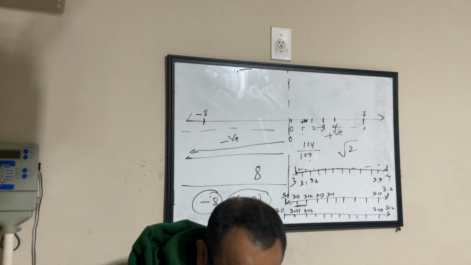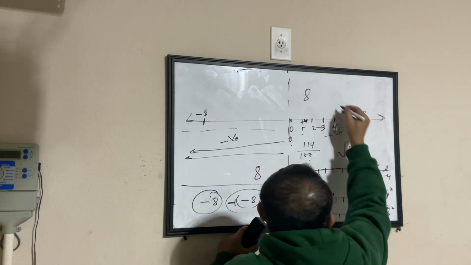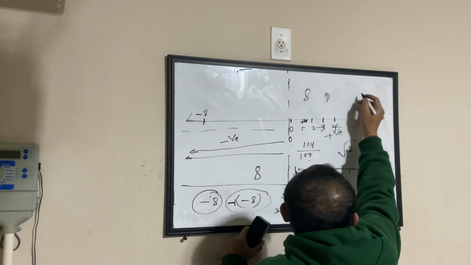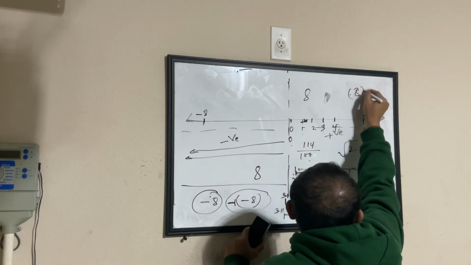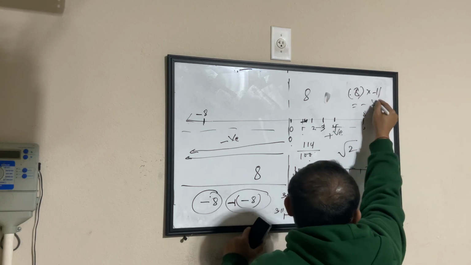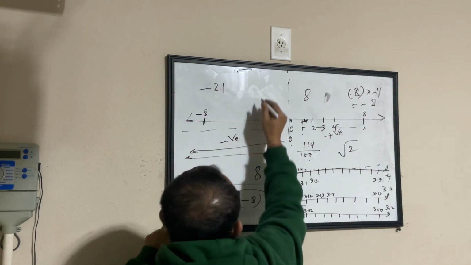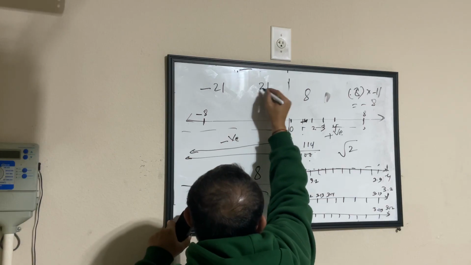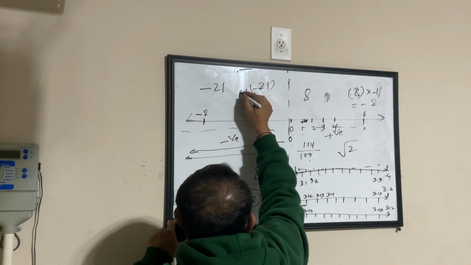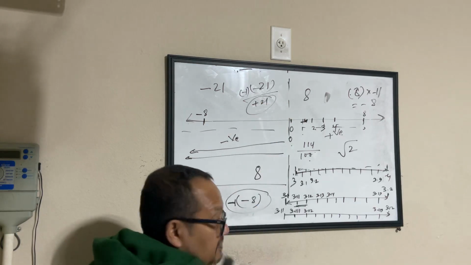So if your question is find out the opposite of 8, it will be 8 into -1, and whatever that value is, that is your opposite. If you have to find out the opposite of -21, you multiply -21 with -1, and whatever you get, that is +21. So that is the opposite of that number.